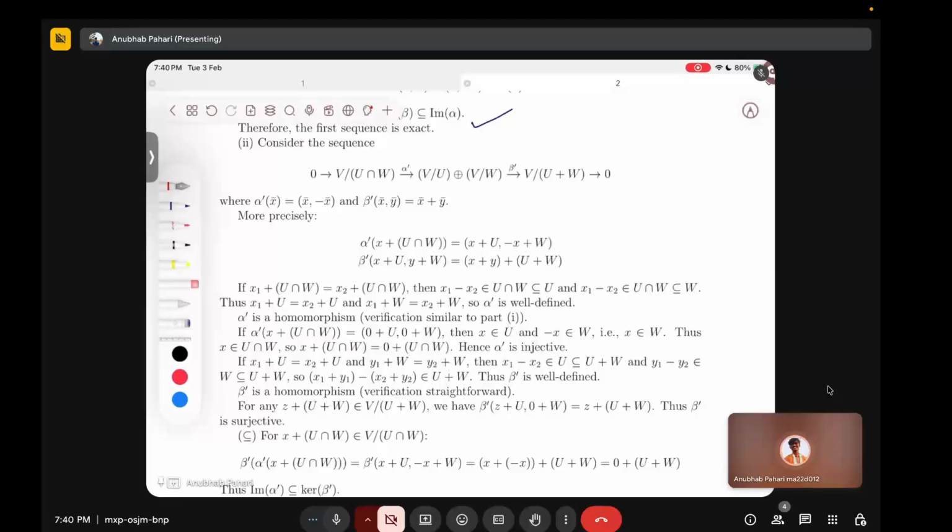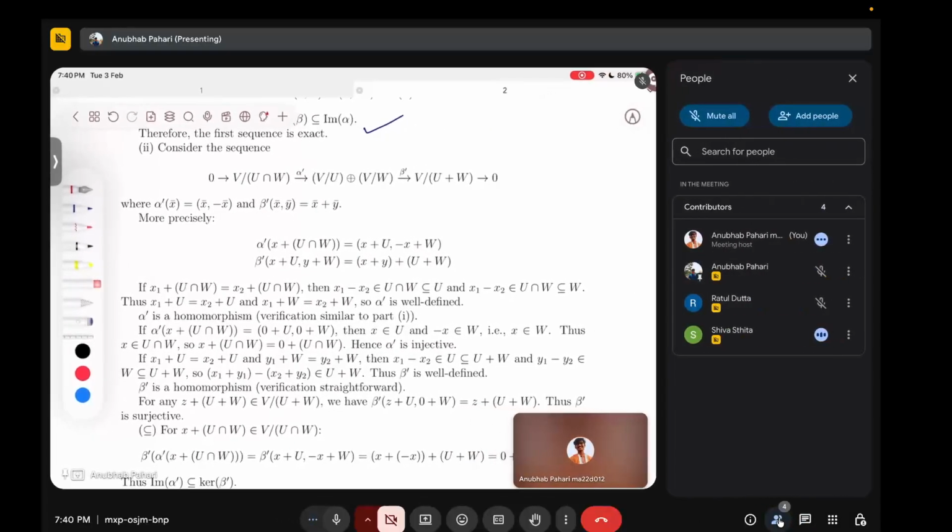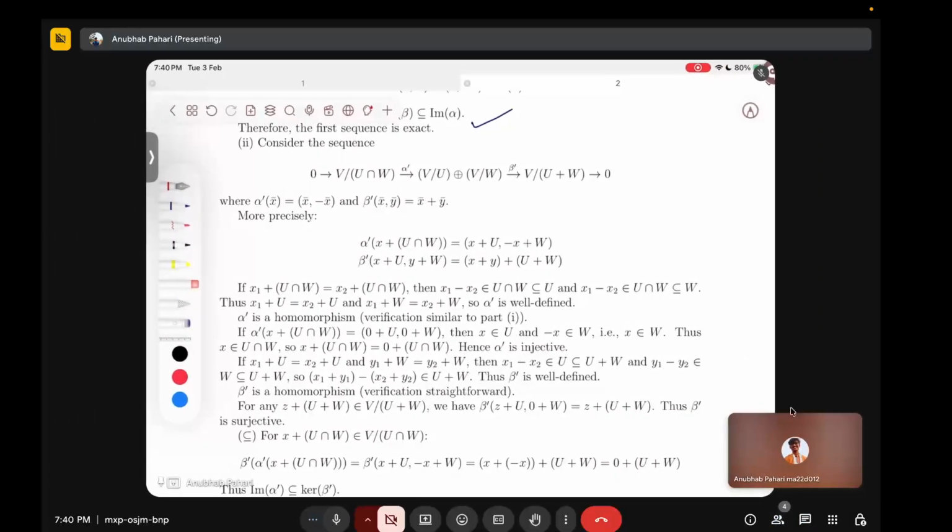Sir, when we take the quotient with U direct sum W, V modulo U direct sum W, you are talking about the exact sequence, at the middle. Yes. So you wrote the direct sum of V mod U plus V mod W. What theorem had we used here, that V mod U direct sum W is isomorphic to this?